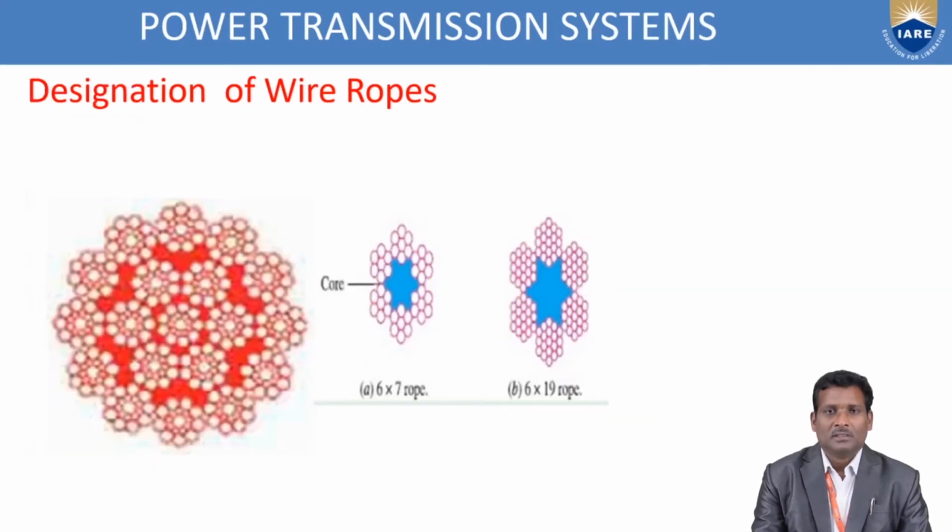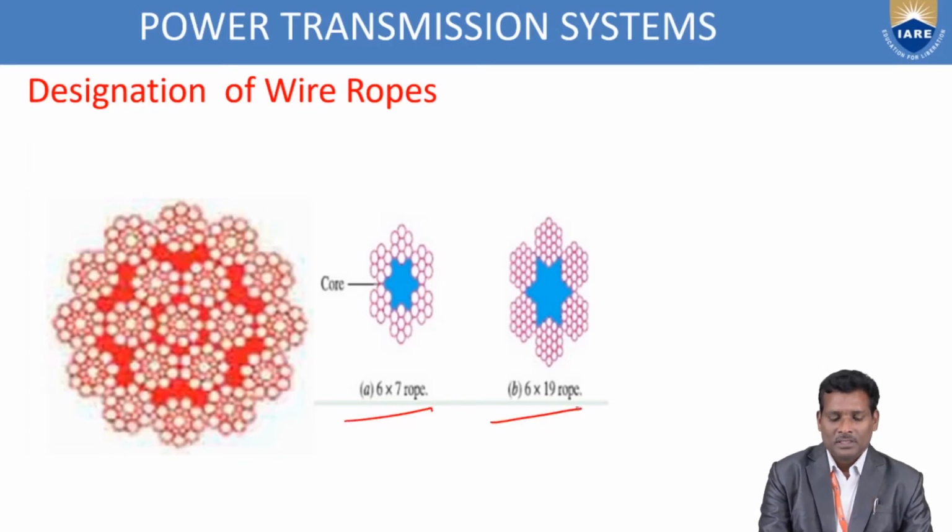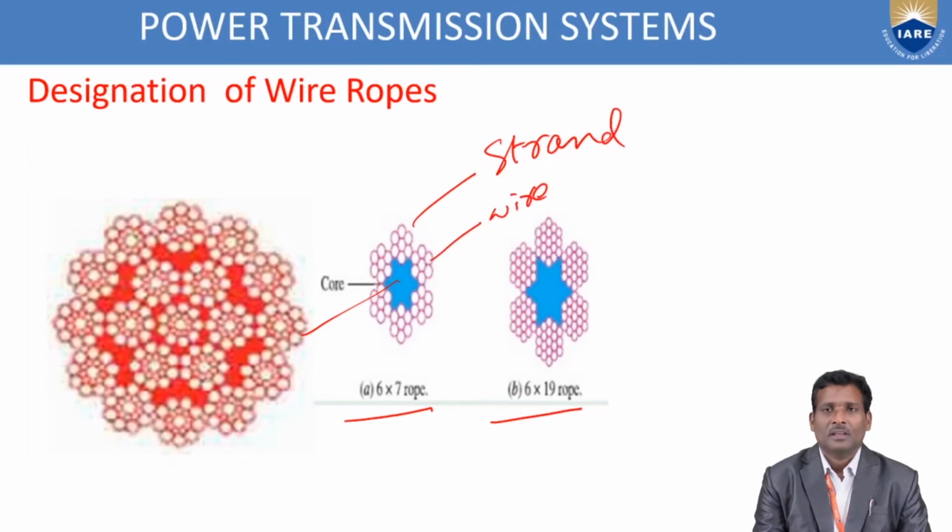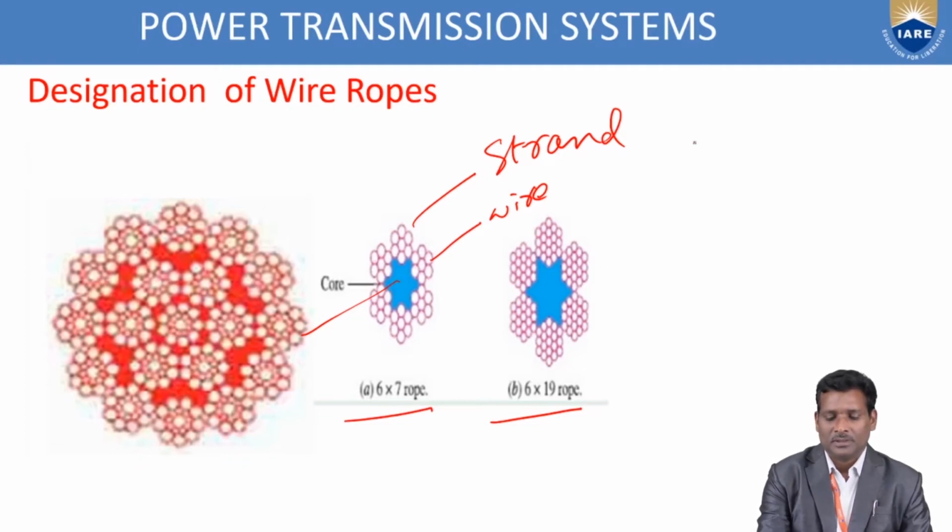Now we will see how to designate wire ropes. Generally the designation of wire ropes is like this: 6x7 wire rope and 6x19. The center one is the core, this one is a strand, and the small one is a wire. Here, see 1, 2, 3, 4, 5, 6, 7: 7 wires are there, and 1, 2, 3, 4, 5, 6 strands are there. So it means 6x7.